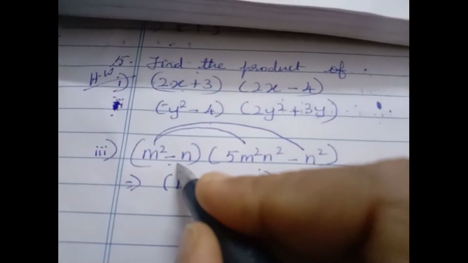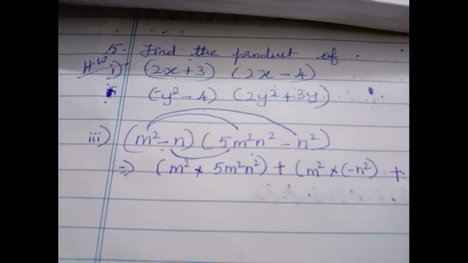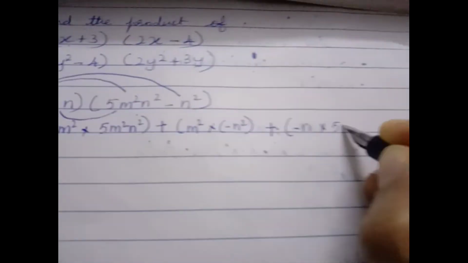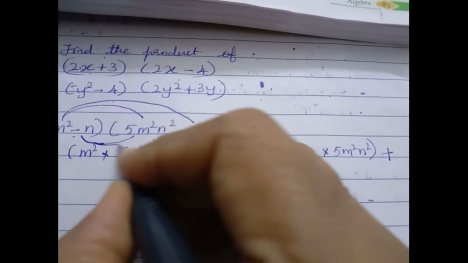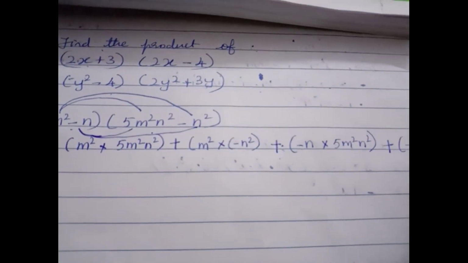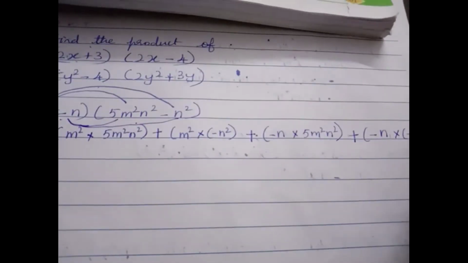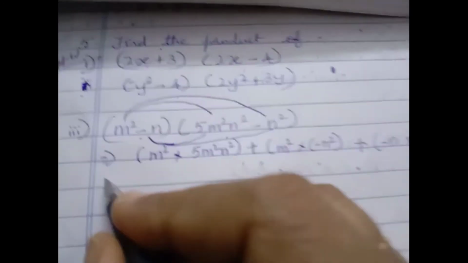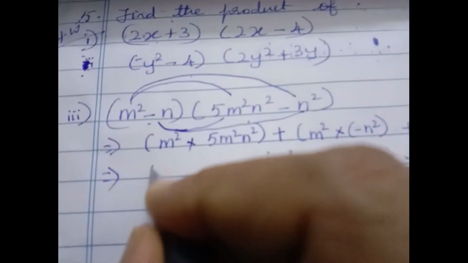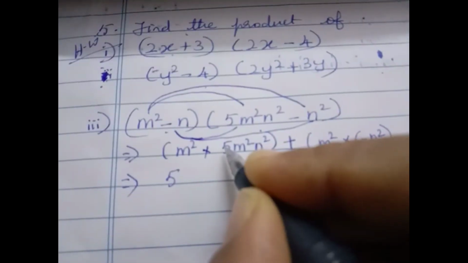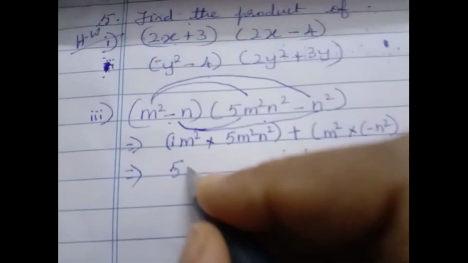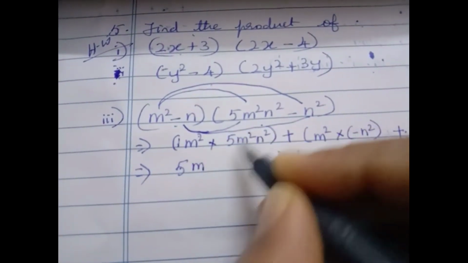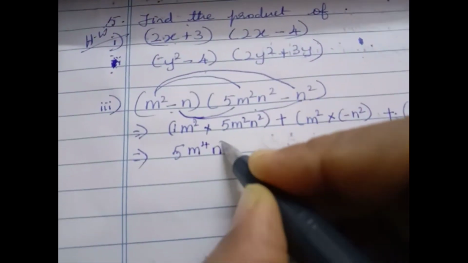The same way, minus n into 5m square n square plus minus n into minus n square. Now you know very well, according to the law of exponent, you have to add the power. Now 5, if no number is there, you have to assume as 1. 1 into 5 is 5m. Here 2 plus 2 is 4, n square.